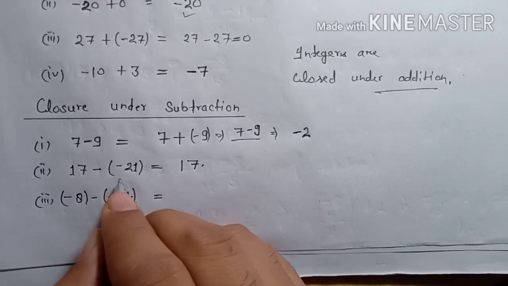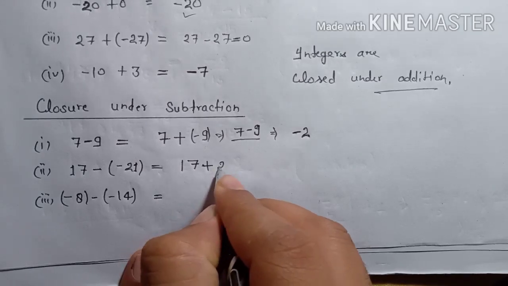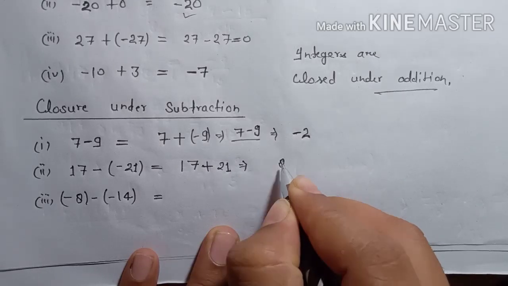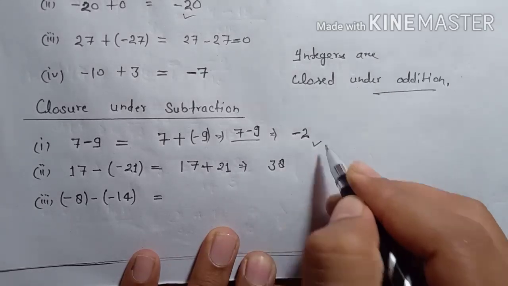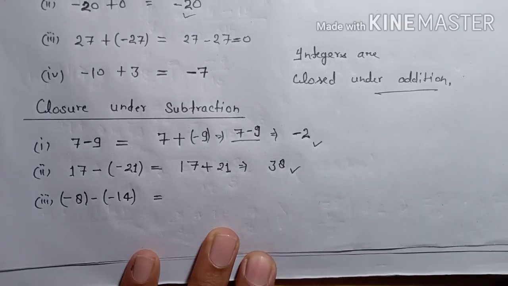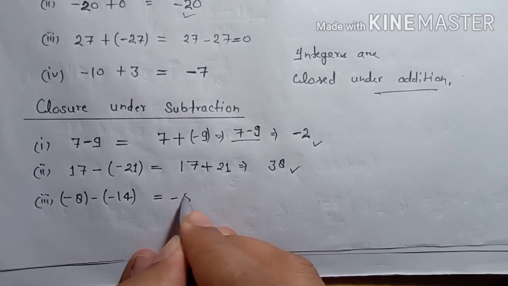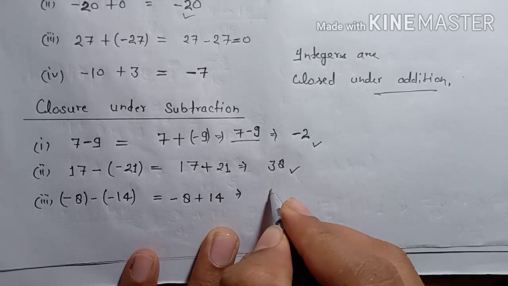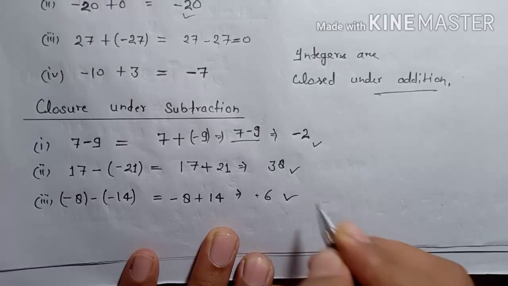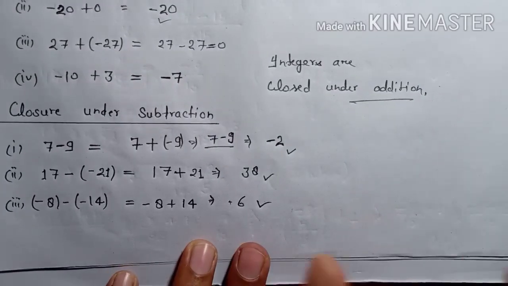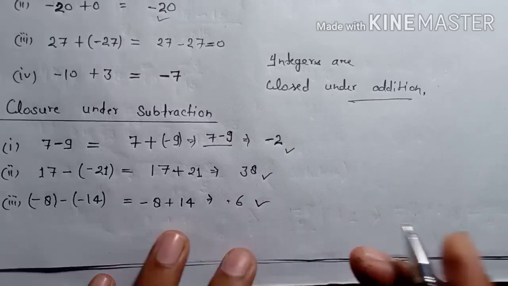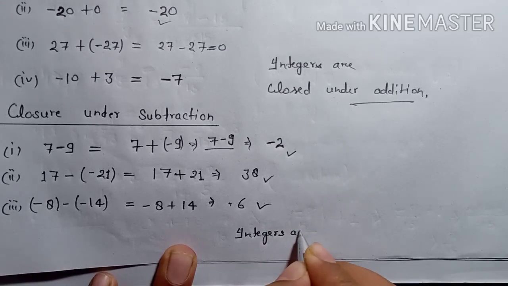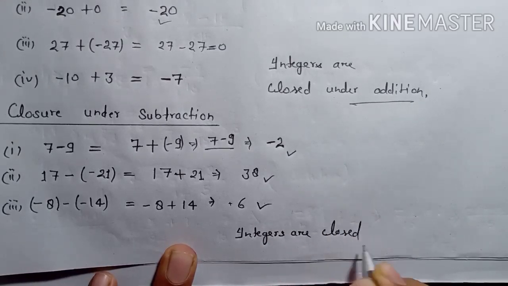Again add the additive inverse, that will be 21, and our result is 38. These both are integers. Add -8 and this -14, and the result is +6, again an integer. So we can write that yes, integers are closed under subtraction too.